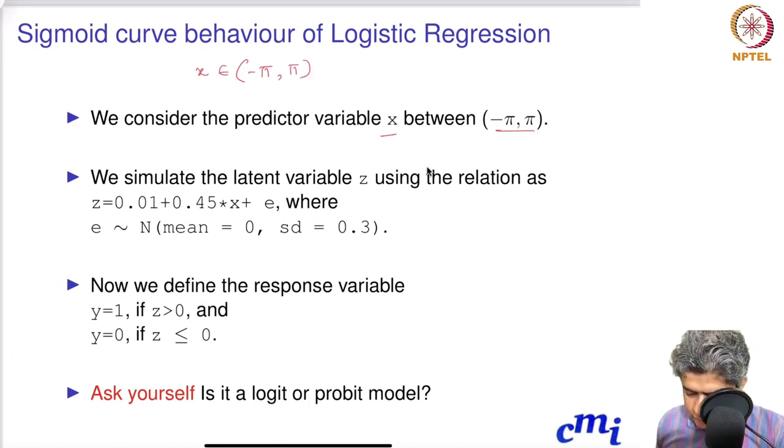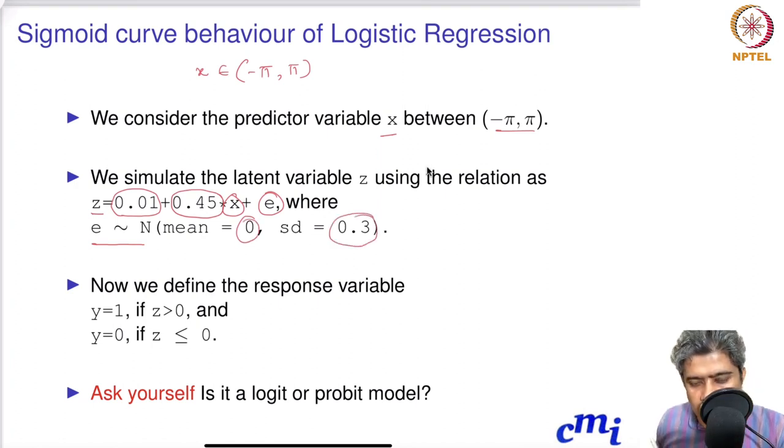Now I'm going to define z, where z is 0.01 plus 0.45 times x plus e, where e is a random number generated from a normal distribution with mean 0 and standard deviation 0.3.